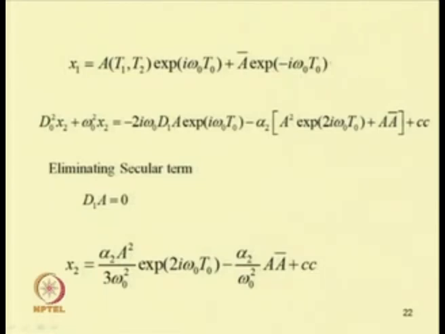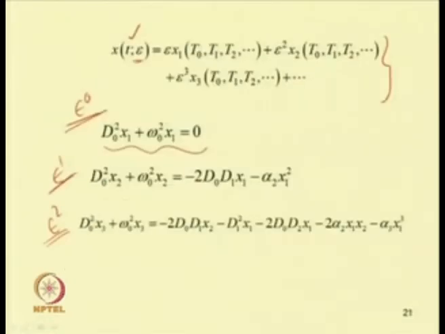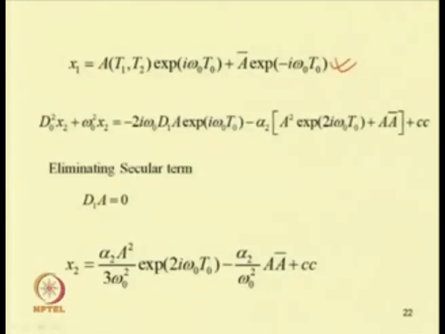By substituting this x 1 in the second equation, that is d 0 square x 2 plus omega 0 square x 2 equal to minus 2 d 0 d 1 x 1 minus alpha 2 x 1 square, we can find this equation. In this equation one can note that the term minus 2 i omega 0 d 1 a is the coefficient of e to the power i omega 0 t 0.